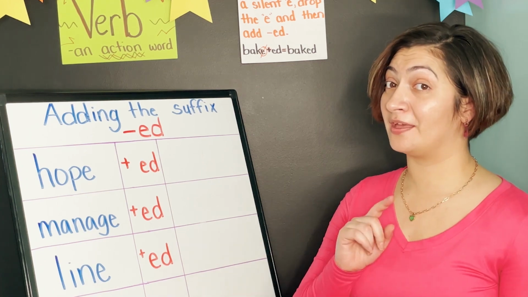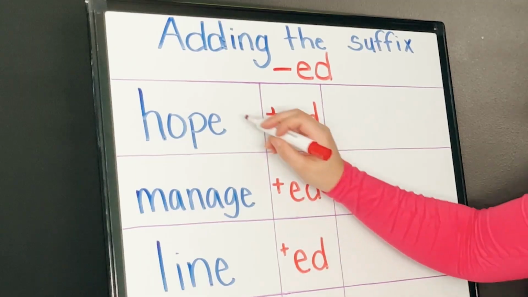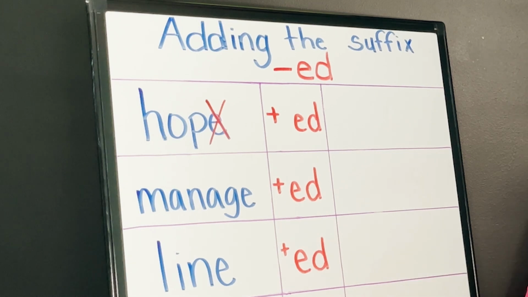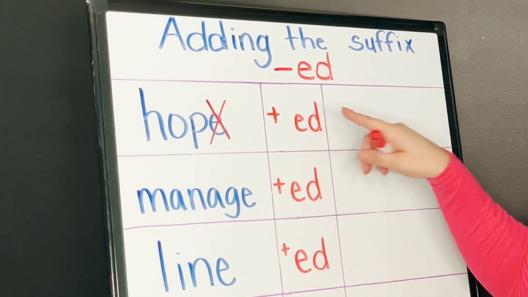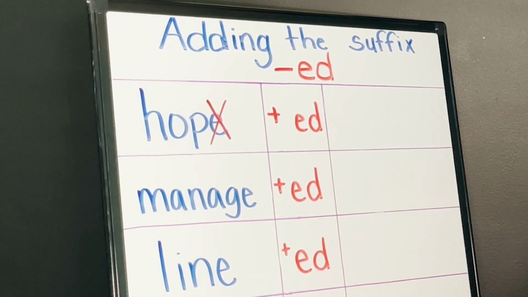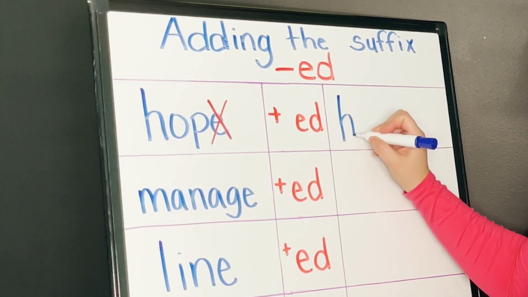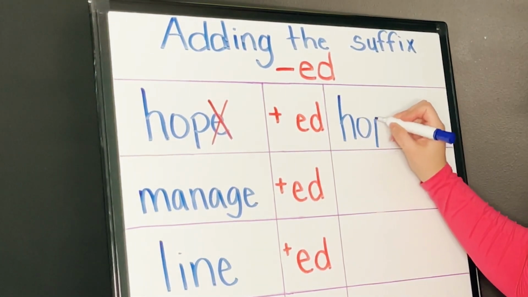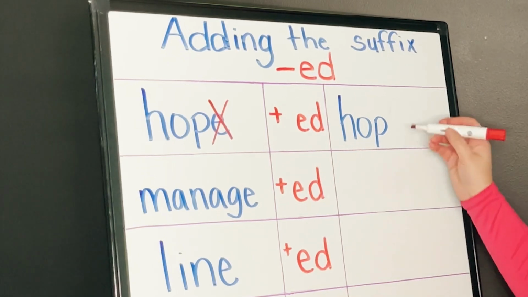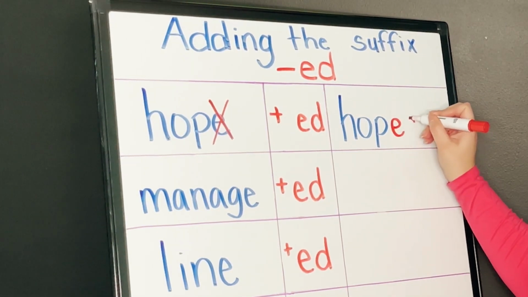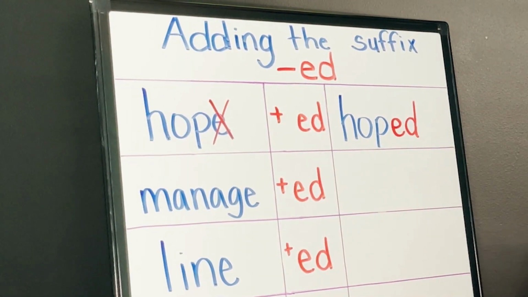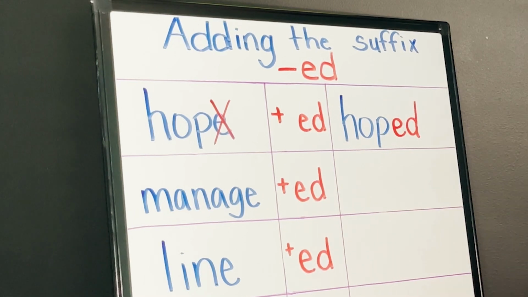Hope ends with a silent E. So we need to get rid of that E, and then we can add ED, and we'll have the word hoped. And remember, you can follow right along with me. Only one ED. Hoped. I hoped for a bike.